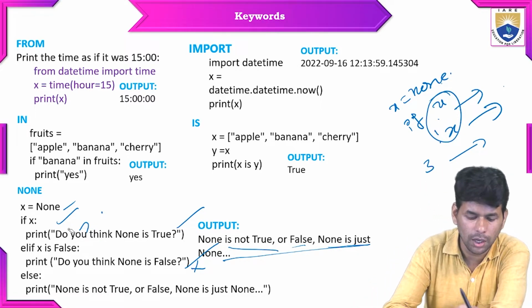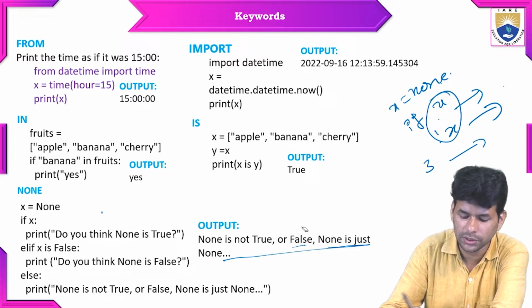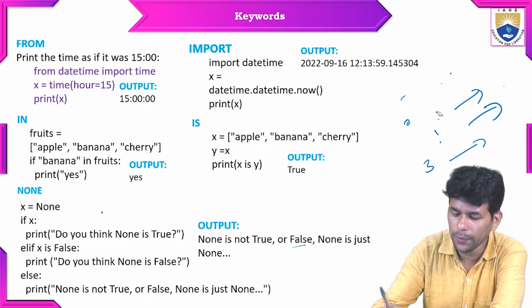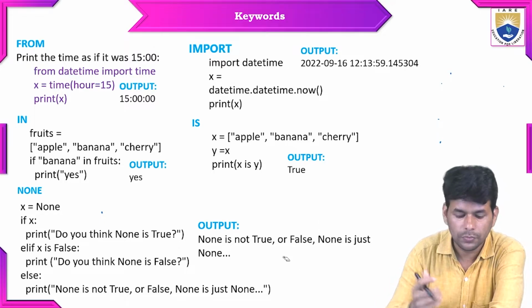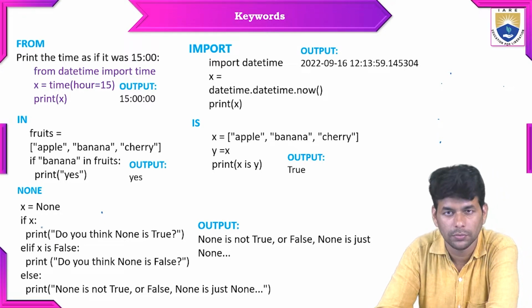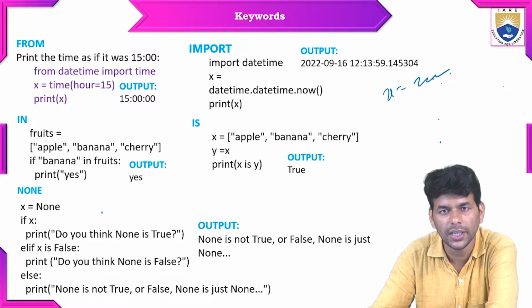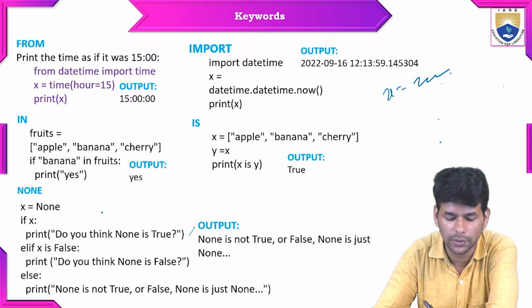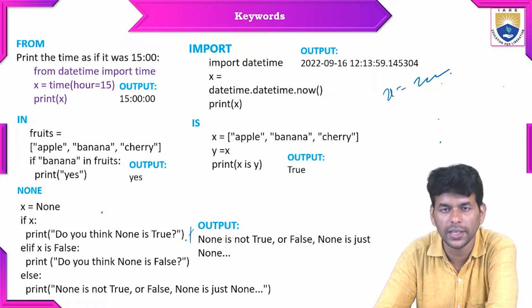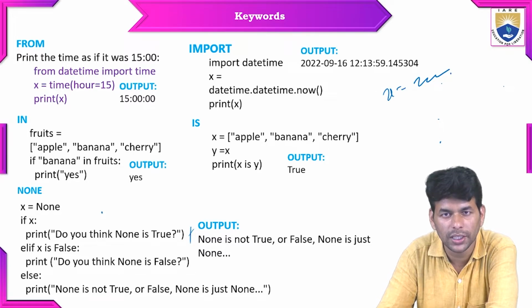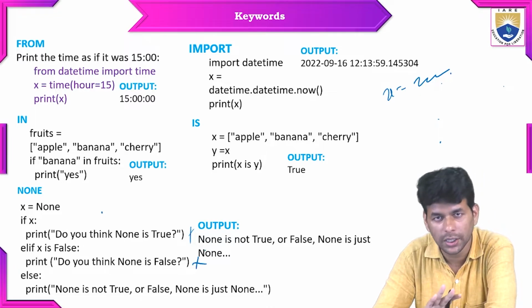So I will give a small review of this None keyword, so that you get clarification again. I have taken the x value. The first one is x equal to None. Then if I check here, if x is None, it means there is no x at all, so the first condition will not be printed. If x is false, if there is no value for x, the second statement is also not executed.